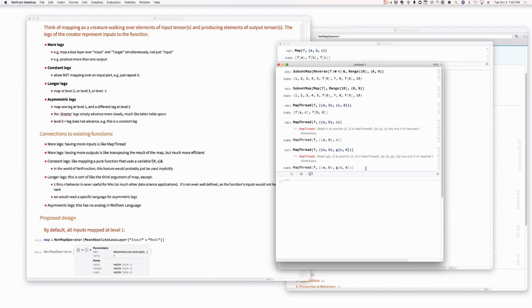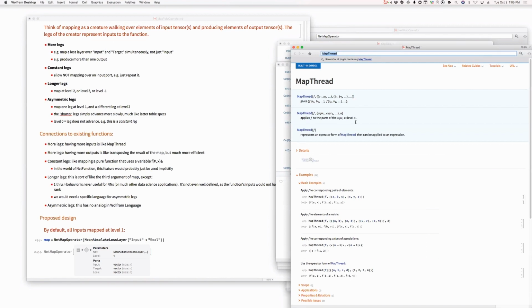Yep. A list of these feeders, these sources. If they are things of different rank, it's very well defined what it means to walk over those things at different levels. So if the first guy was a matrix and the second guy was a vector, yeah, I get it. I would want F to see duplicates of the vector elements as long as the dimension prefixes match.